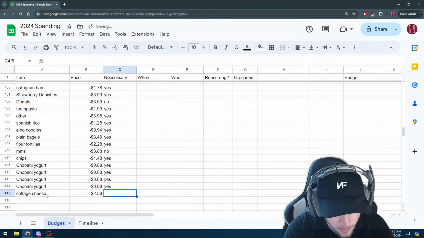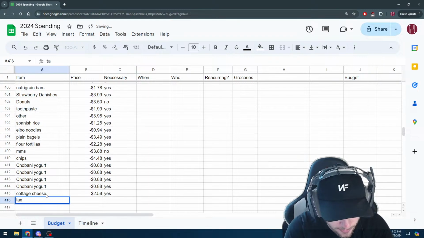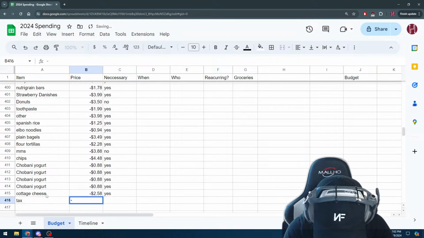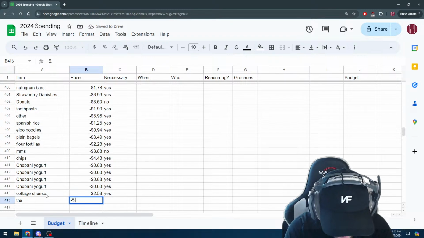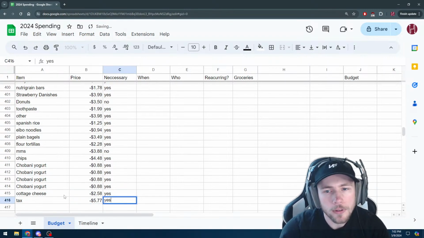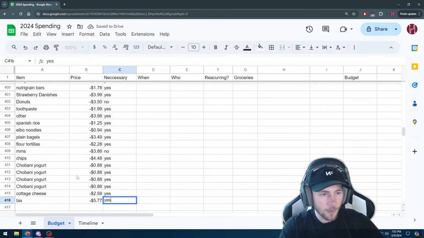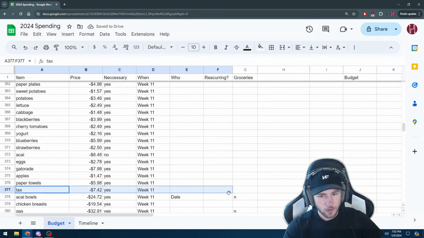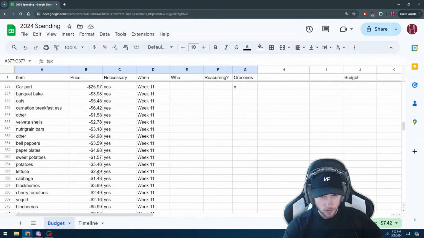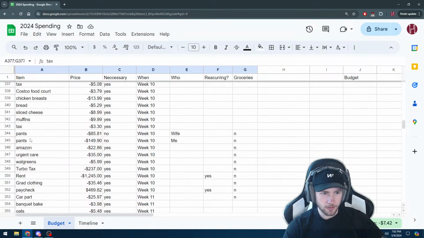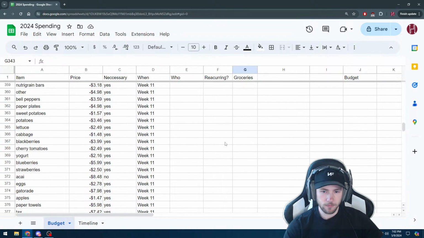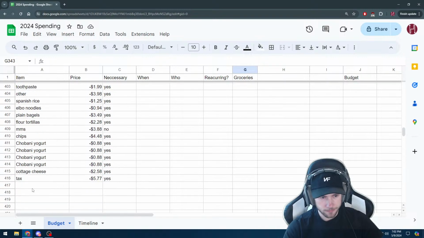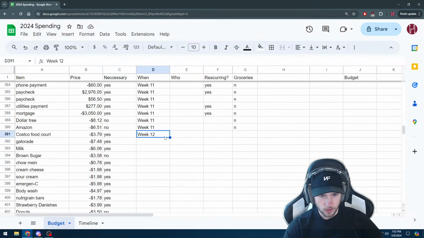And of course, the dreaded tax of minus 577. And of course, that's necessary. Do I mark tax as groceries, though? I do. That makes sense. It goes into the cost of groceries, so it helps give us an accurate number on that.